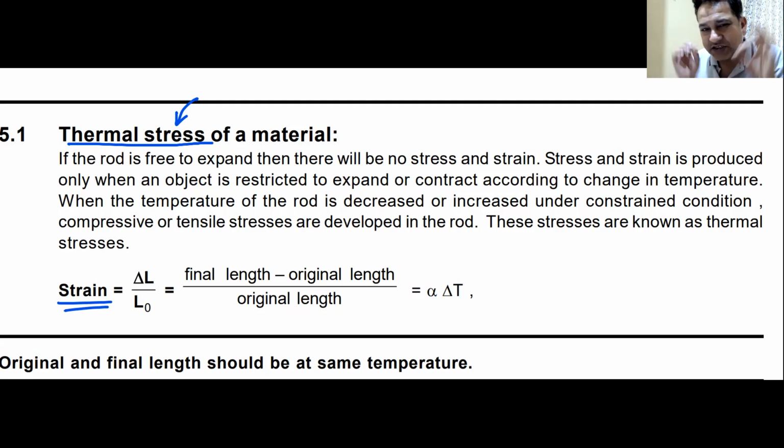It changes its size, shape, or orientation, or length, or breadth, or area, or volume. As soon as strain develops in a body, the body will try to come back to its original position. The atoms and molecules get separated from each other, so they have a tendency to come back to their original position, because that is the position of greatest stability. So they will try to come back to their original position.